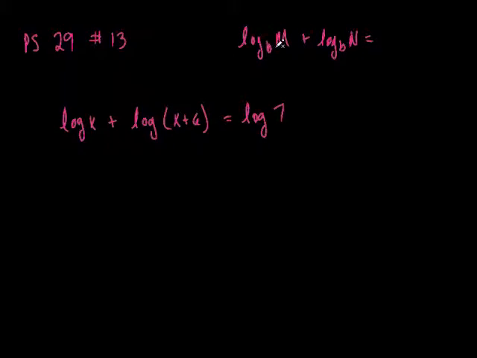But if you have the log of a number plus the log base b of another number, you can just write one logarithm. You don't have to write two separate ones. What do you do with the m and the n? You multiply them together. And he did go through the reasons for that.